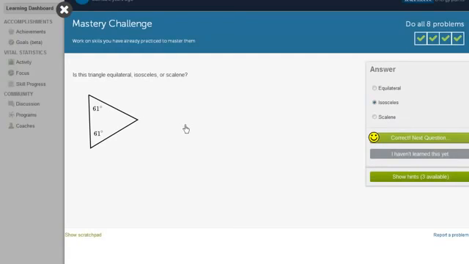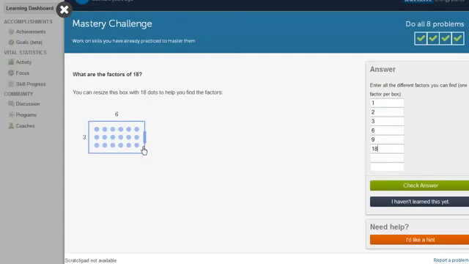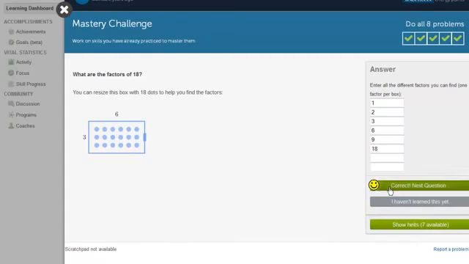What are the factors of 18? So let's see. We could have 1, we could have 2, 3. See, 4 isn't divisible, 5 isn't divisible, 6 is, 9 is, and 18. And I could have used this little tool to help me with that, but if you know the factors, you can just type them in. So let's check our answer.